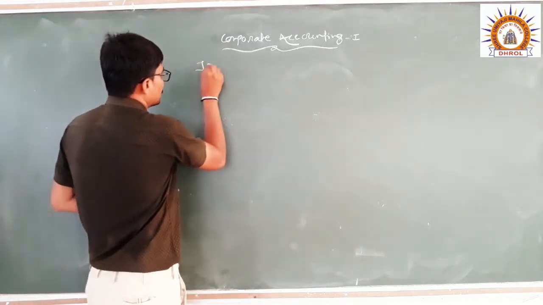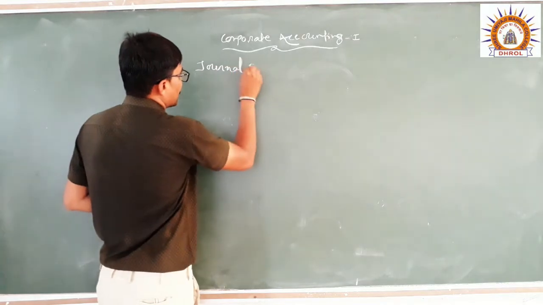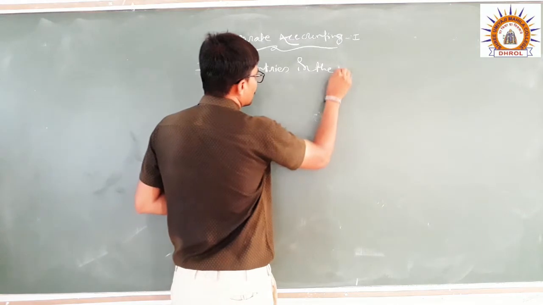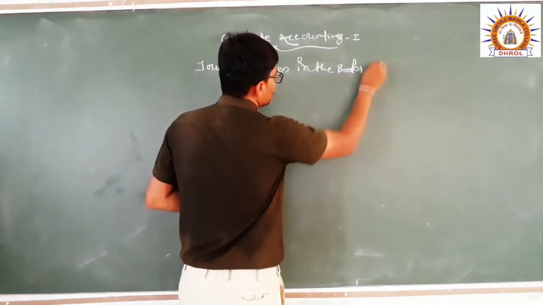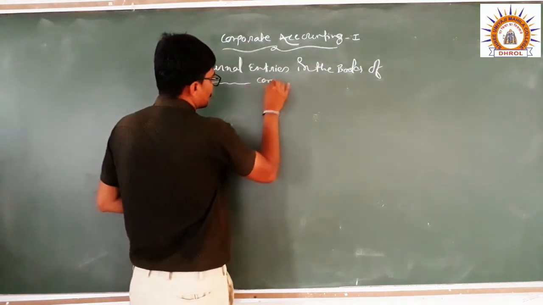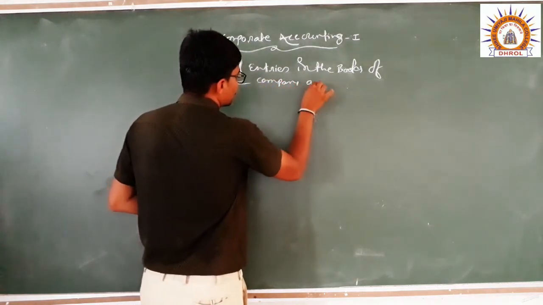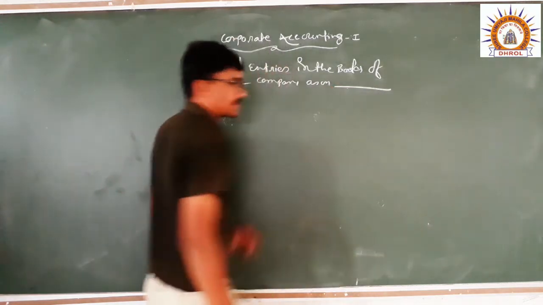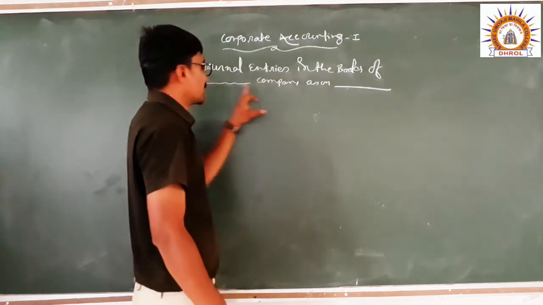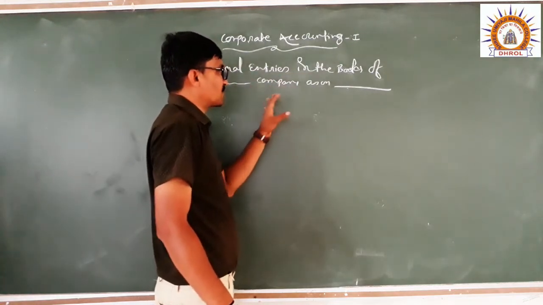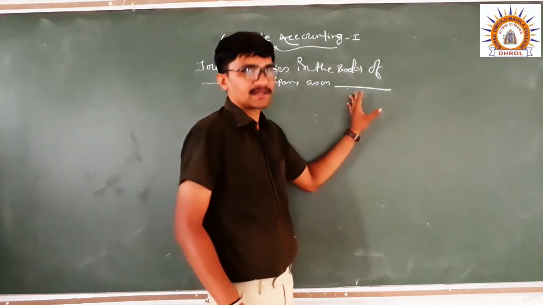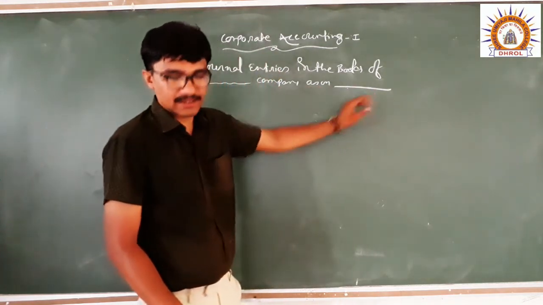So first of all, the journal entries in the books of XYZ company as on date. Here, journal entries in the books of XYZ company means whatever name of the company is given in the problem, and as on which date. You should mention the date here.